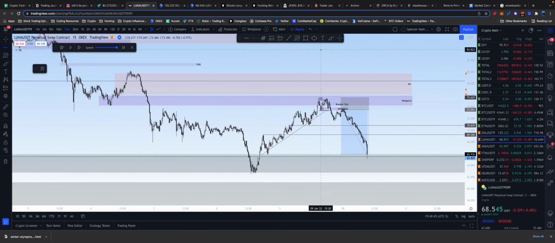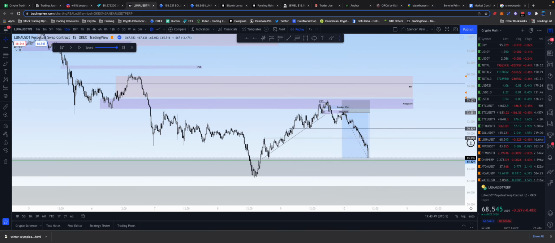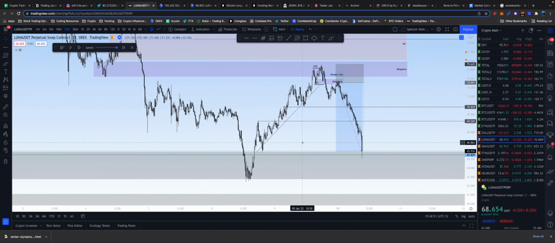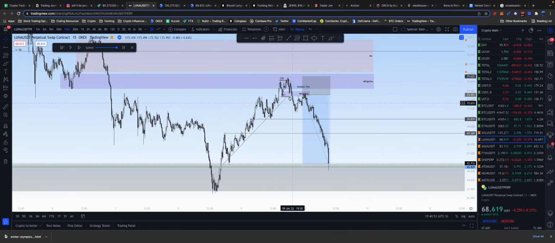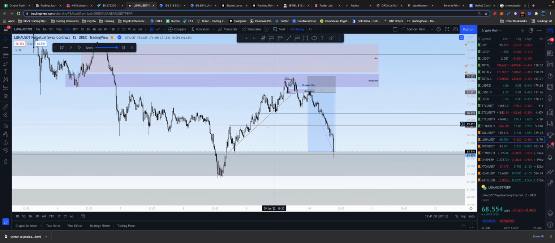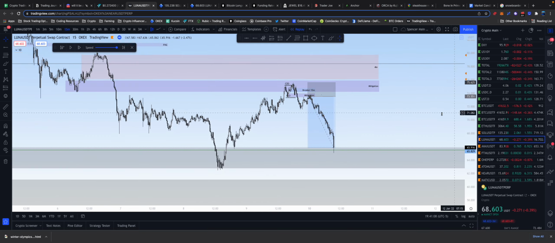And then we also have, I'm sure even if you zoom in, liquidity voids. We have just a constant uptrend. So it's a recipe for, it's basically a shorts paradise when you see something like this. So that being said, this has been Luna, just a review of the trade.